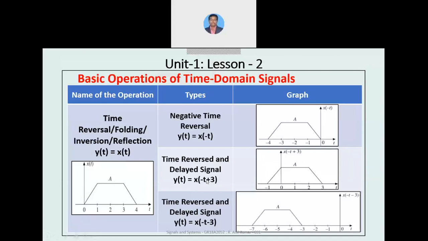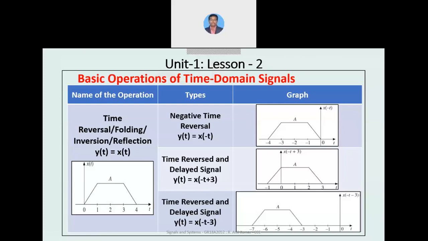Okay, and the next category of time reversal is the time reversed and delayed signal. The delayed signal is represented as minus t plus 3. Here it has been delayed by 3 units, and y of t is given as x of minus t plus 3.